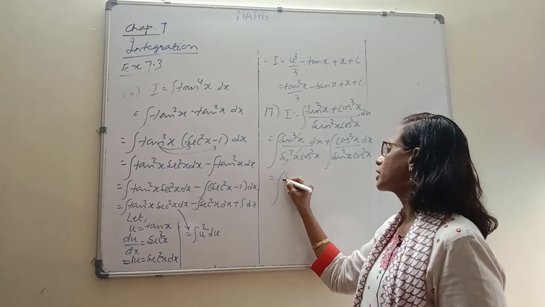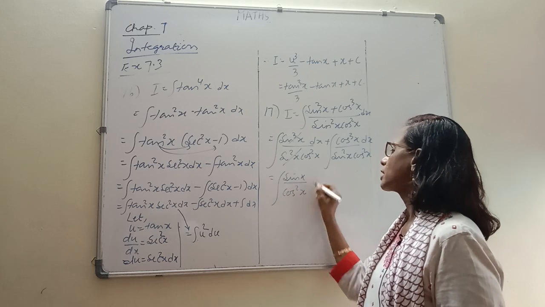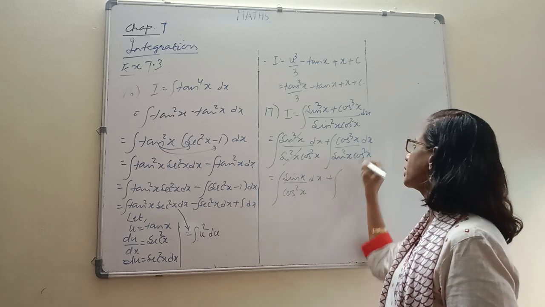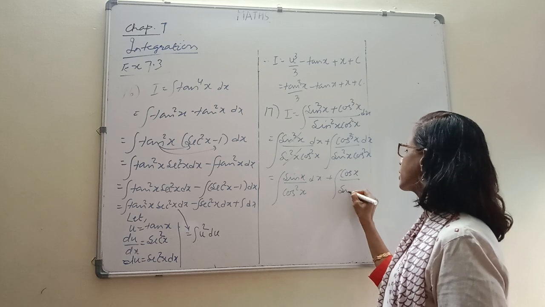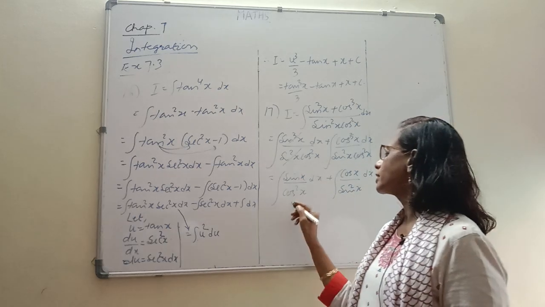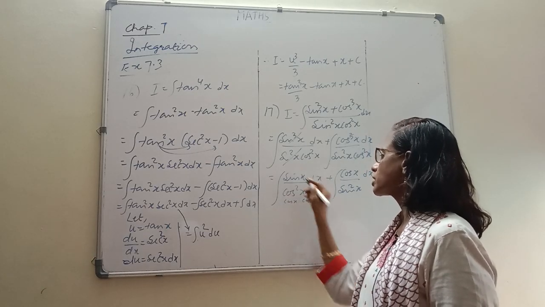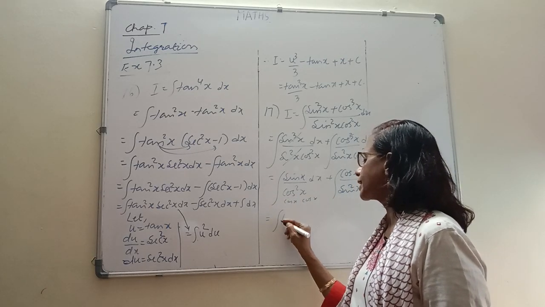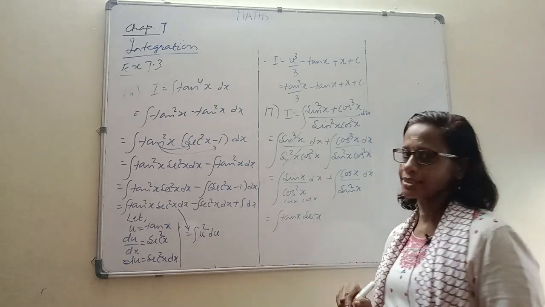So you are left with sine x over cos squared x. Here you are left with 1 cos and sine squared x in the denominator. So this is like sine over cos times 1 over cos. So sine over cos can make it tan, and 1 over cos can make it sec.